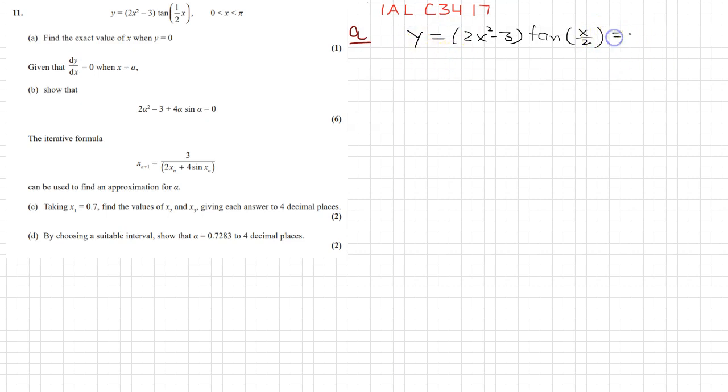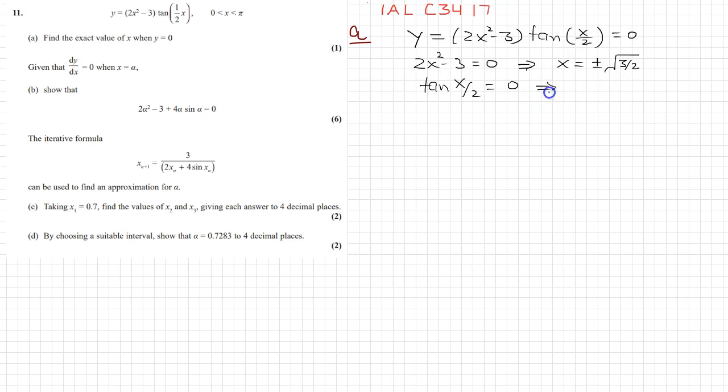So this is equal to 0. So either 2x² − 3 is equal to 0, so this means x is equal to plus or minus root 3 over 2, or tan(x/2) is equal to 0.